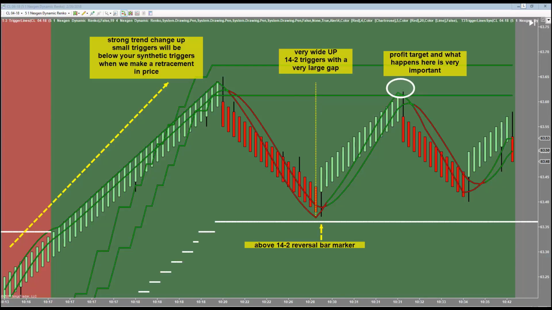As long as we do not violate the 14.2 reversal bar marker and we have sufficient Fibonacci support or resistance or mid bands to trade from, we're going to look for a trade as close to the 14.2 reversal bar marker as possible. And again, same thing applies when you're trading from underneath the 14.2 synthetic triggers. The 14.2 synthetic triggers will become your first profit target area, and what happens at this area will be very important for what happens next.